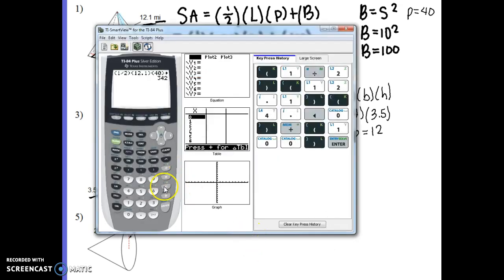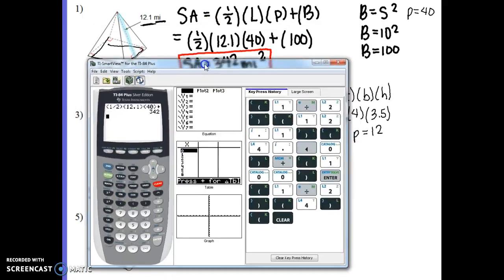So let's put that in the calculator. 1 divided by 2, close that. And then we have our base, which is 4. And then our height, oh, wait a minute, what are we doing?